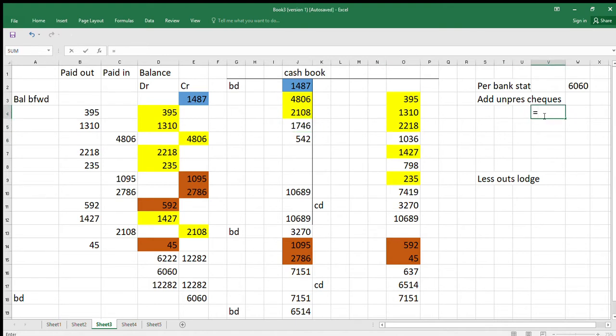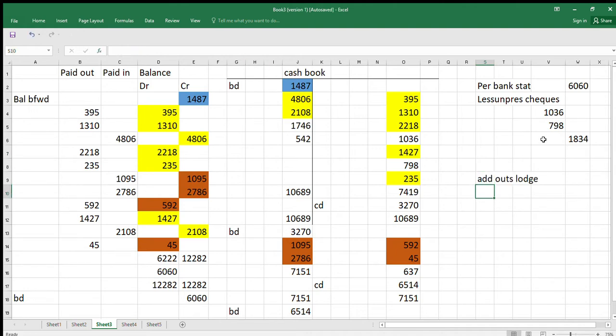So we've got that one there, and that one there. Okay. Sorry, that is less unpresented checks. So we deduct our unpresented checks, and we add on our outstanding lodgements.